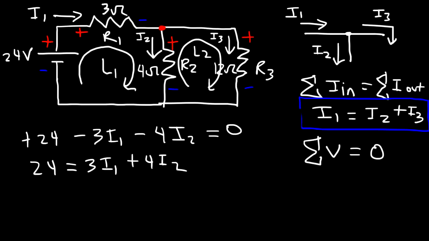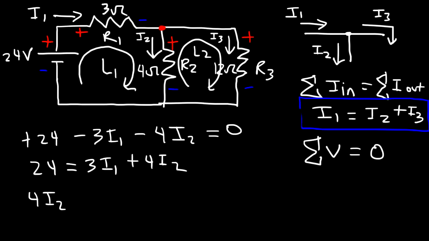So initially, we're going up through R2 towards the positive sign. We're going against the current. And so since we're going from negative to positive, that's going to be a voltage lift. And so the voltage lift is going to be I2 times the resistance of 4. So it's 4I2. And then following the loop, we're going in this direction through R3.